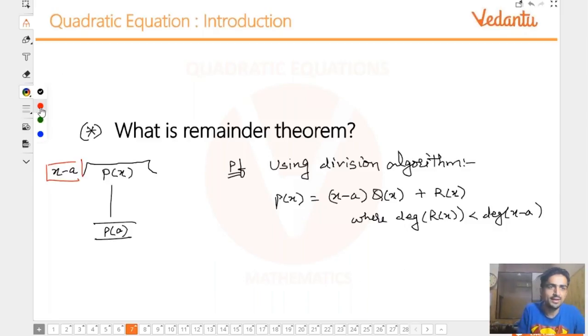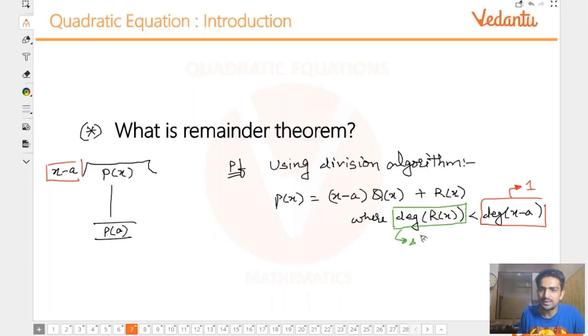It cannot even be equal. If they are equal, you will further divide it. You will only stop when the degree becomes smaller. So the degree of x minus a is 1. Then the only possibility for this is 0. A polynomial's degree cannot be negative. So if the degree of R(x) is less than 1, it has to be 0.